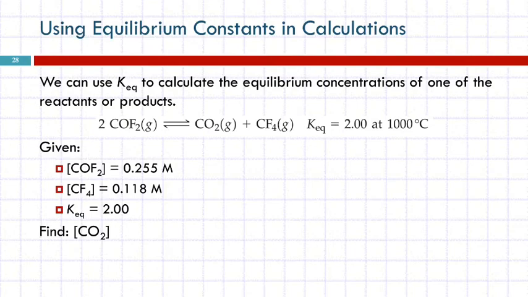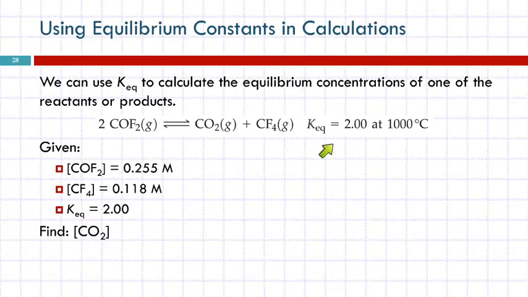We can use this equilibrium constant to predict what the concentration of one of the reactants will be at equilibrium. And this is the real usefulness of the equilibrium constant. So if we have this reaction occurring, we've got COF2, and that will decompose and form carbon dioxide and carbon tetrafluoride.